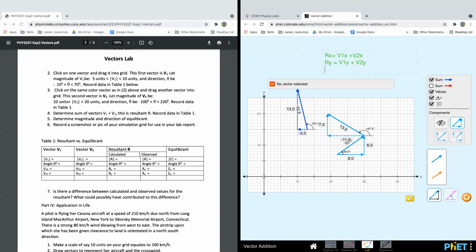And R, the absolute value, which is the magnitude, equals the square root. Let me put it here. Equals Rx squared plus Ry squared.